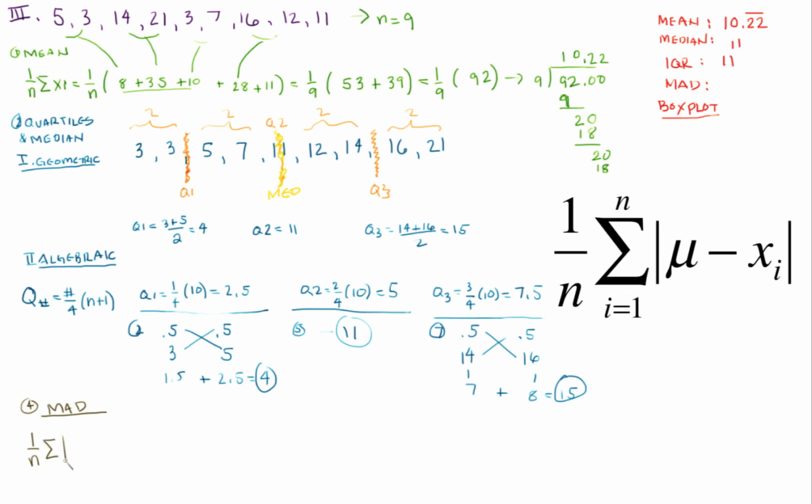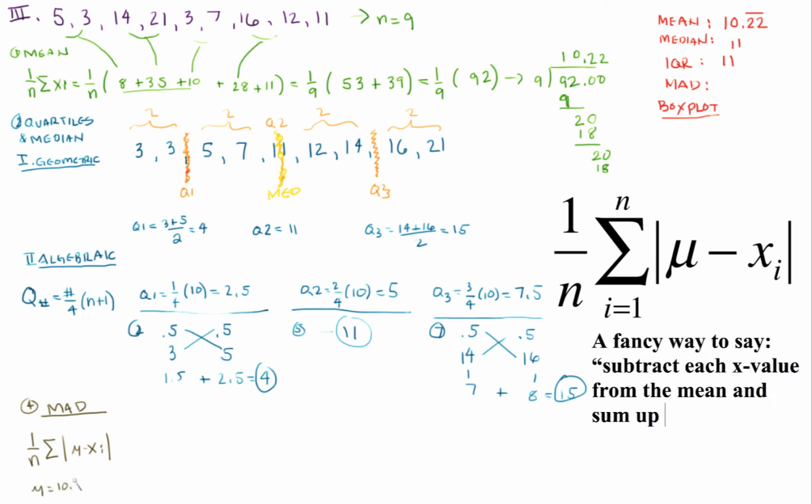Our formula is 1 over n times the sum of the absolute value of mu minus xi. And that's what the formula actually looks like very, very formally. The mu here is 10.22.